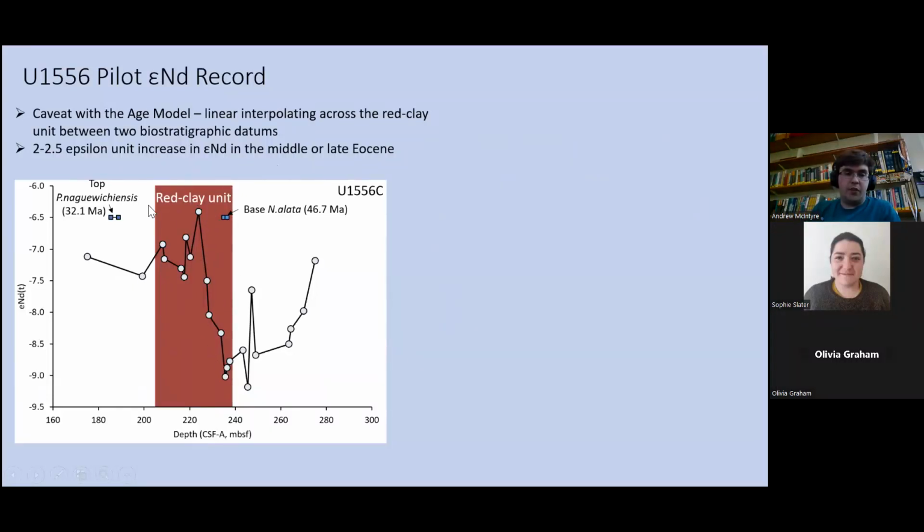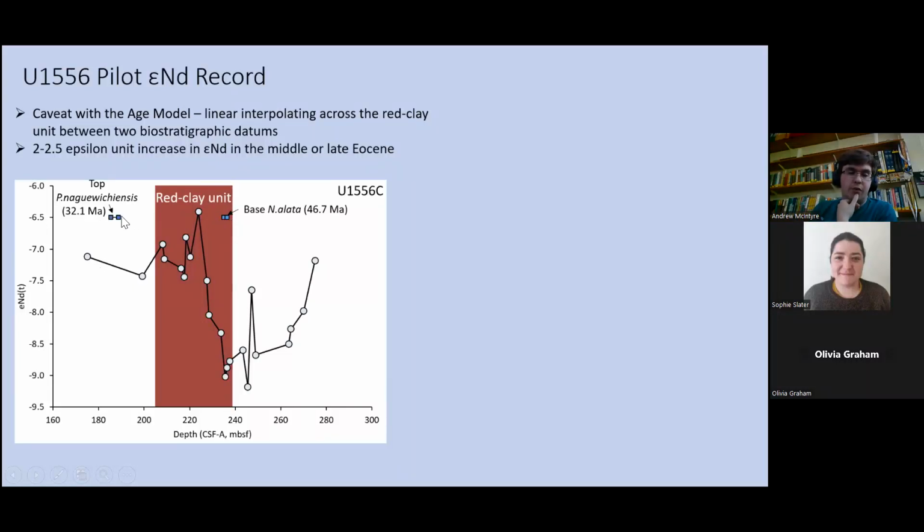So for this red clay unit, unfortunately, we don't have great age control over it because there's very low calcium carbonate to date with biostratigraphy. So the current age model we have for this interval of time is based on these two datums here.